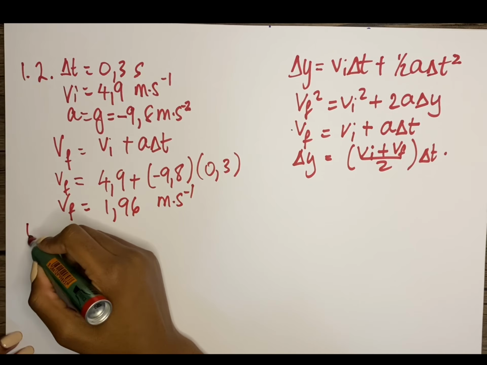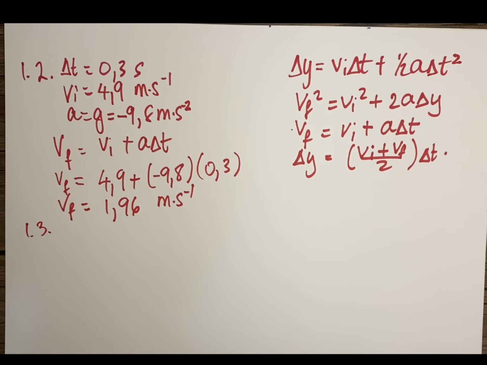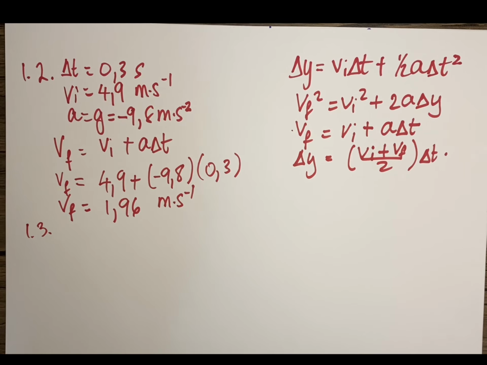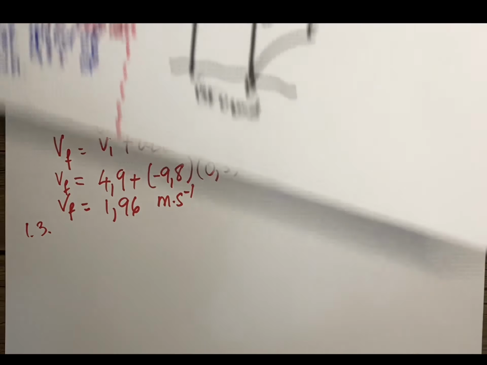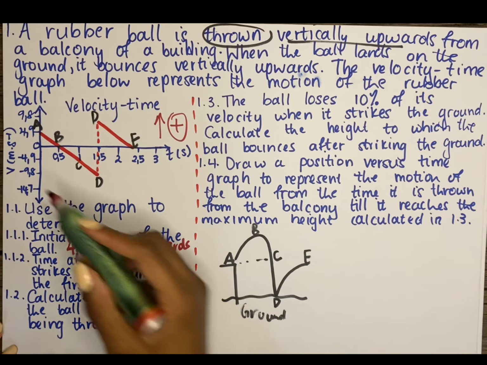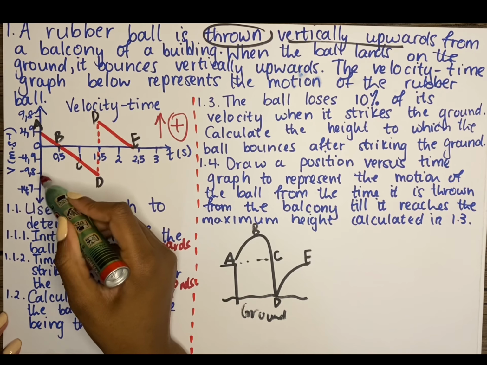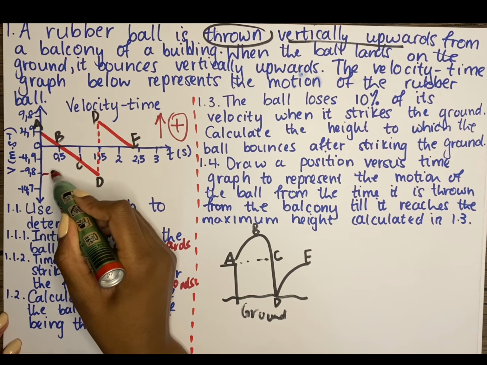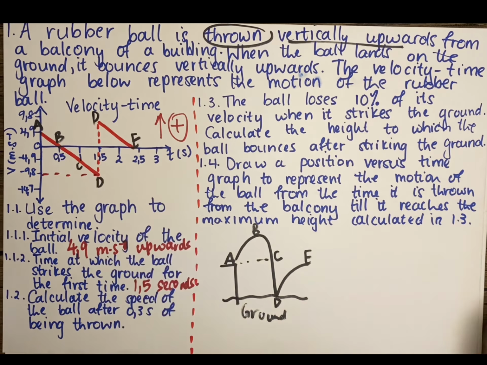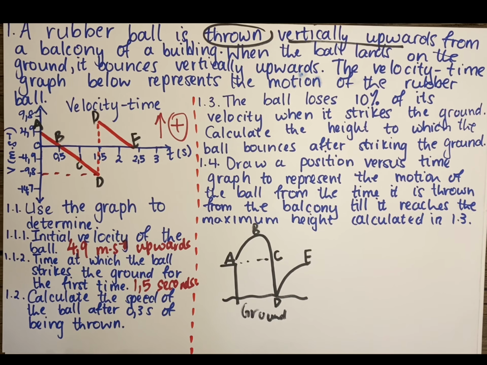Next question, 1.3 said, the ball loses 10% of its velocity when it strikes the ground. Calculate the height to which the ball bounces after striking the ground, right? So they tell you the velocity that it's going to reach the ground with. If you look here, it's reaching the ground with a velocity of negative 9.8, right?